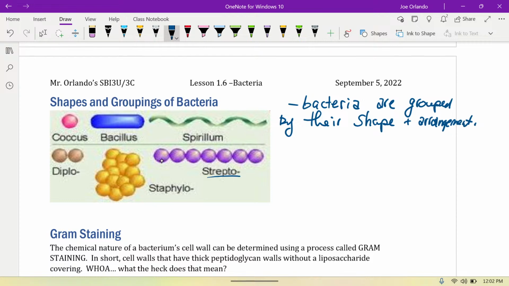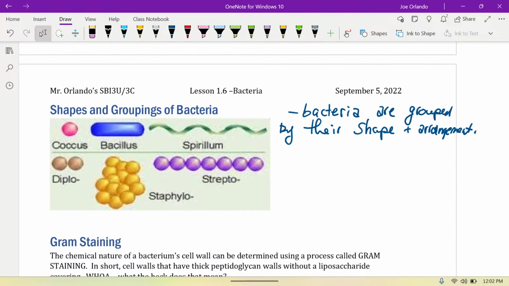That they're arranged in a chain. And the bacillus would tell us that they are rod-shaped. Yeah, that kind of capsule, kind of pill-shaped. You could have a diplobacillus arrangement, which would mean that they pair up. Does that make sense? So I don't want to have to write 52 examples, but yeah.